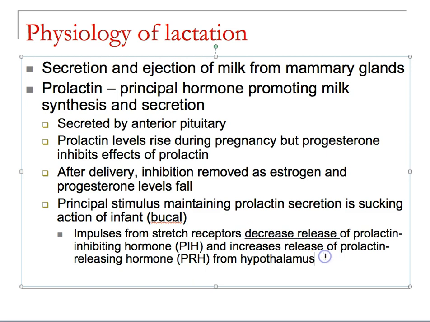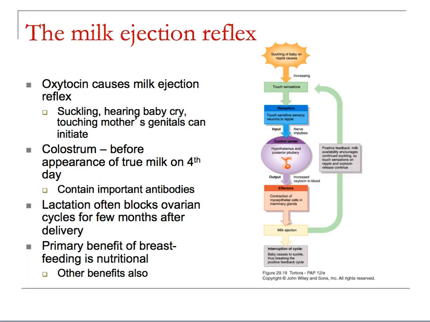What this means is the normal state of female physiology is that you have an overriding inhibitory system in place until such time as there's a physical need, through changes in pressure at the actual nipple itself, that causes the reversal from PIH to PRH. And it's a reflex.